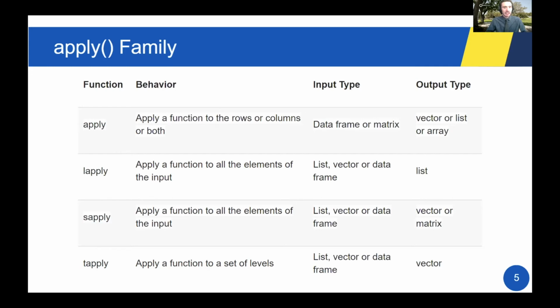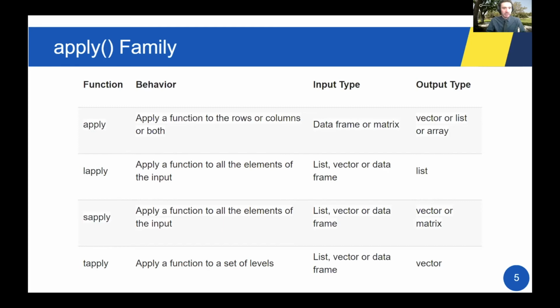I made this little chart here to hopefully simplify that. So apply will take a data frame or a matrix as an input, and then output a vector, list, or array. Lapply will only output a list, but we will explore that later on.